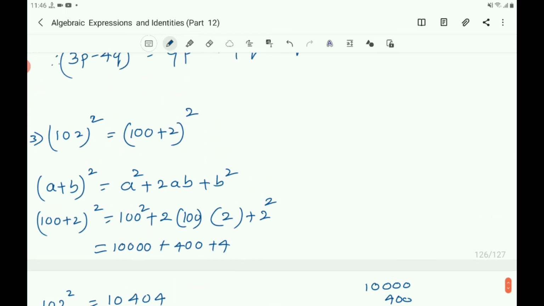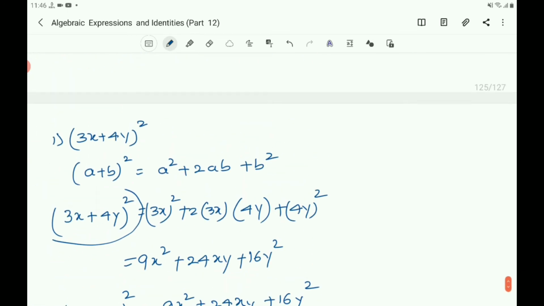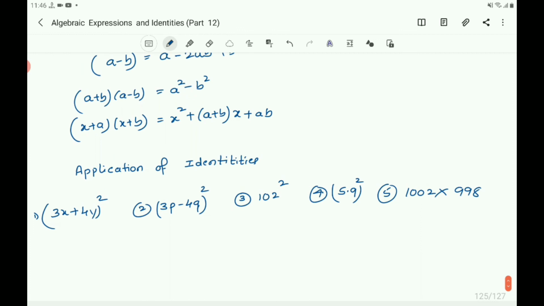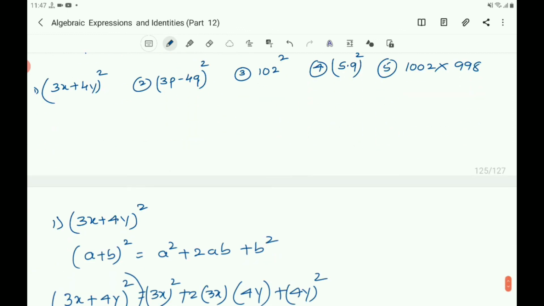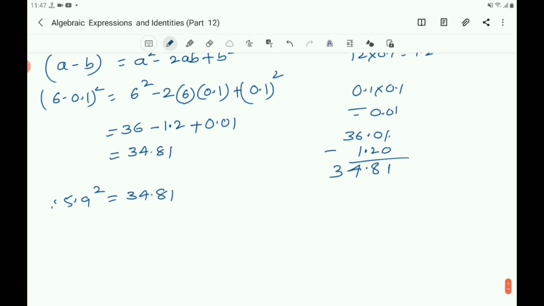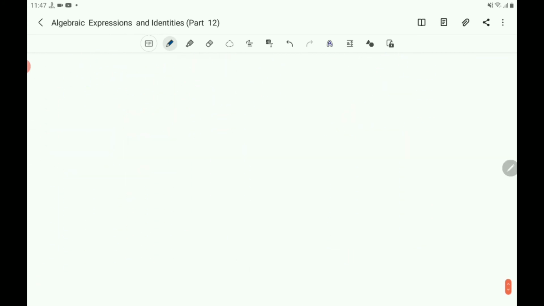Then let us take the next one, that is 1002 into 998. That is the fifth one.